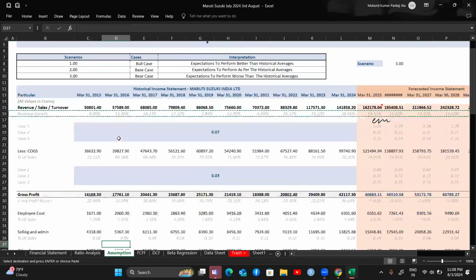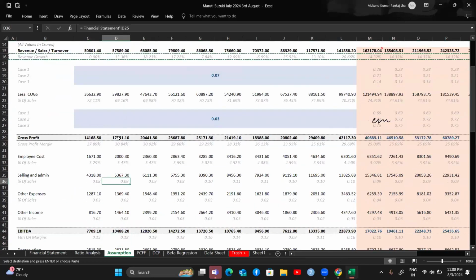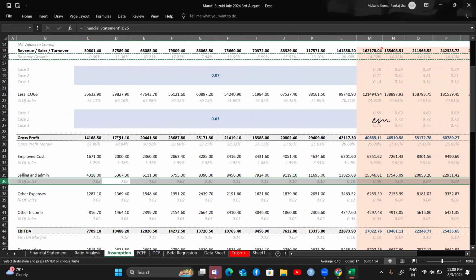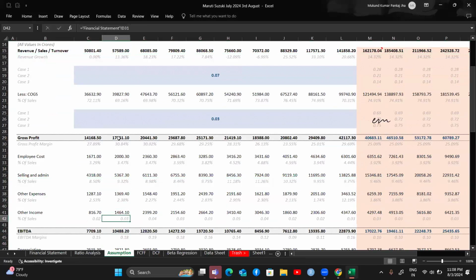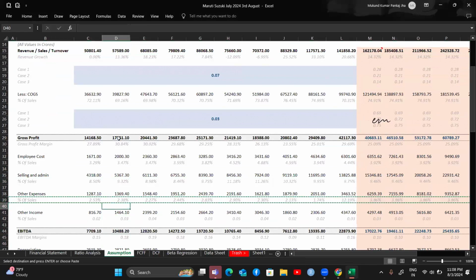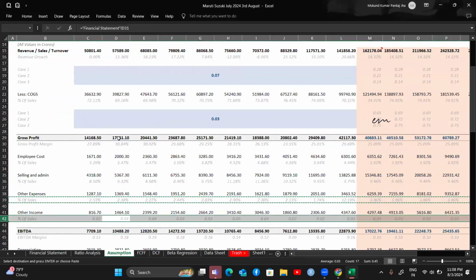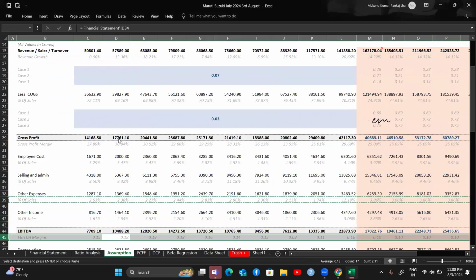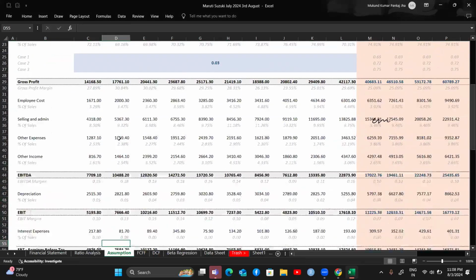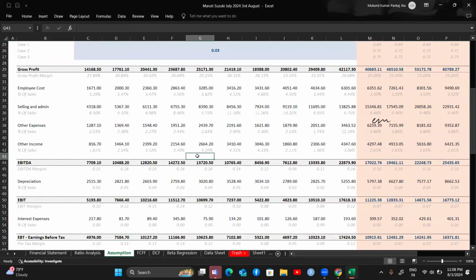Then we can use F4. So like this, we can change it, and based on this, you can change it as well.